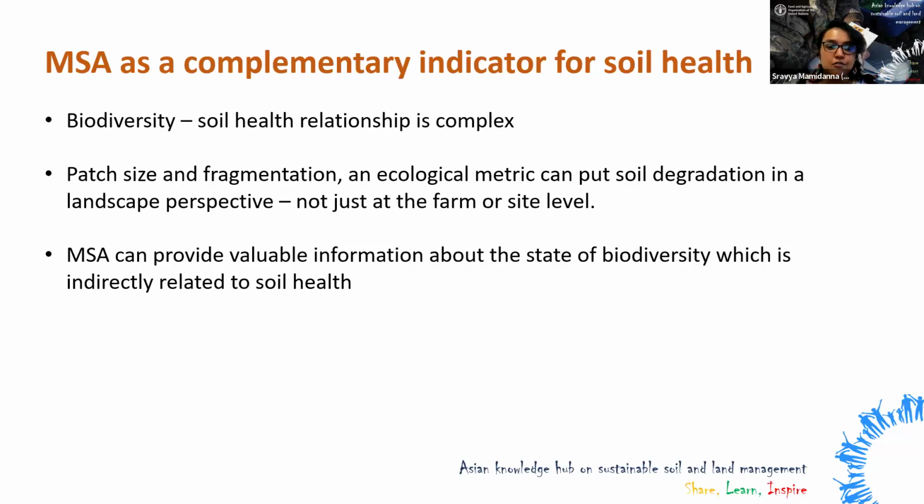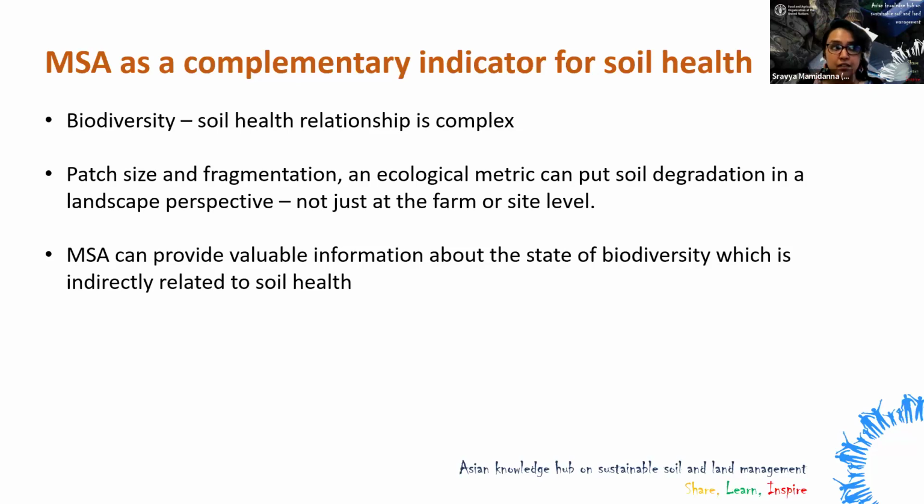But I still think that, for example, a decline in species abundance can indicate some ecosystem stress, which may affect soil health. So it doesn't directly measure soil properties, but it still provides valuable information about the state of biodiversity, which is indirectly related to soil health.